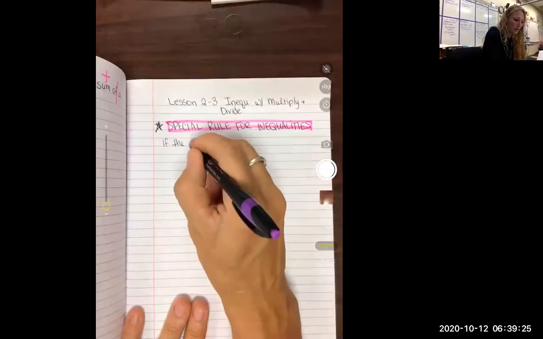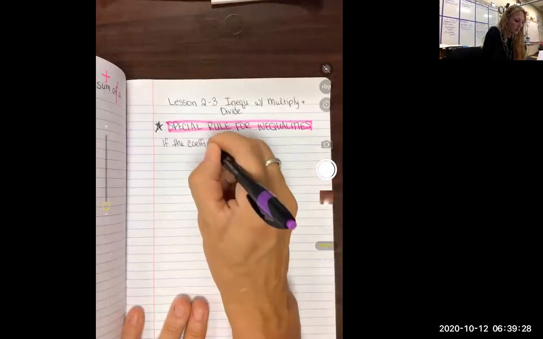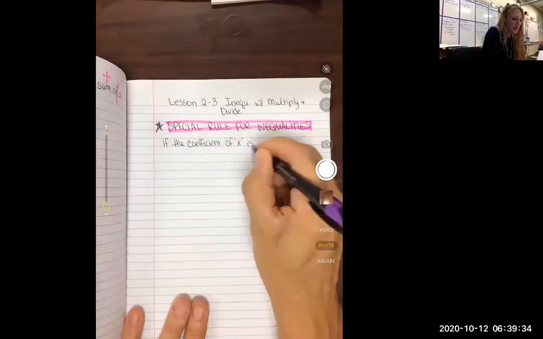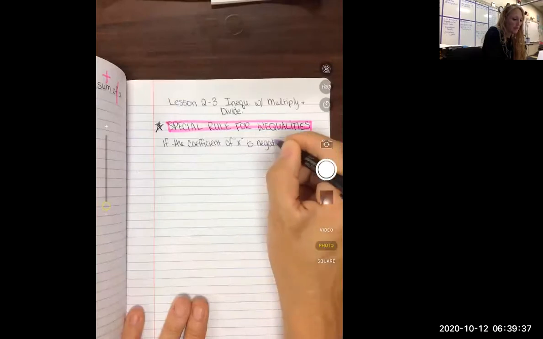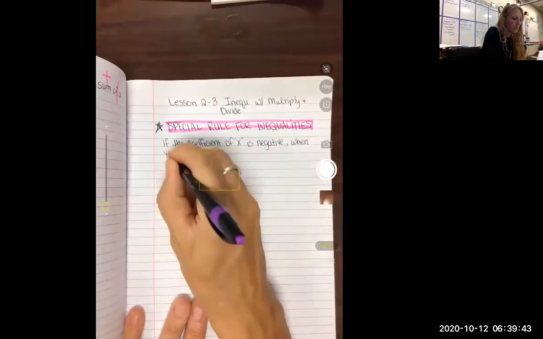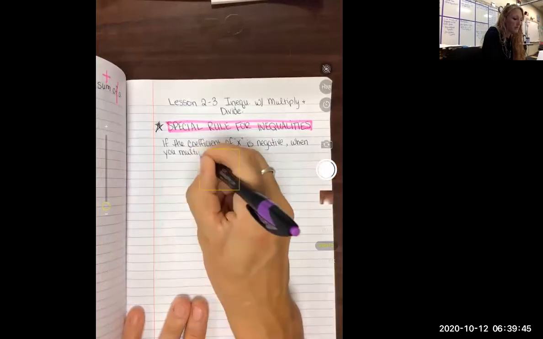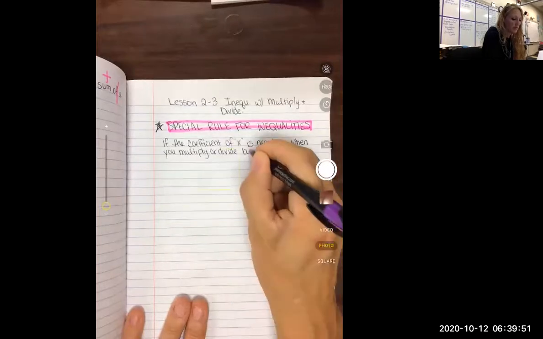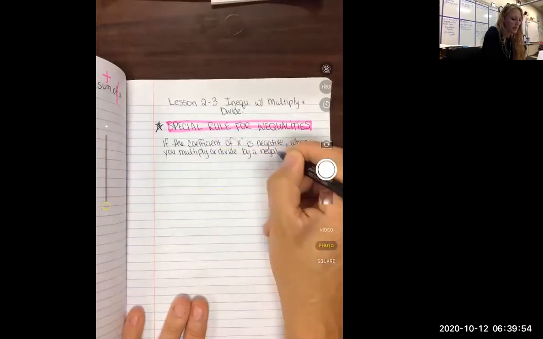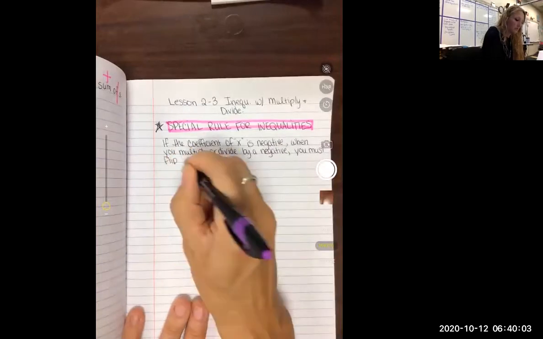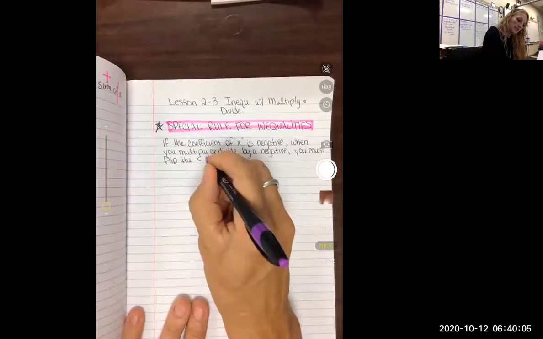If the coefficient of x is negative, when you multiply or divide by a negative, you must flip the greater than or less than sign.